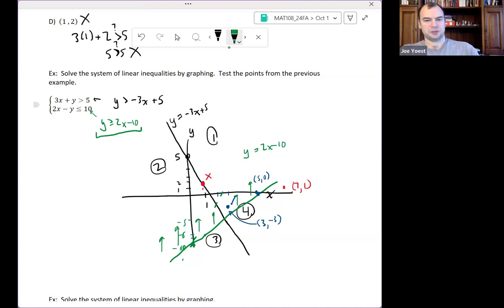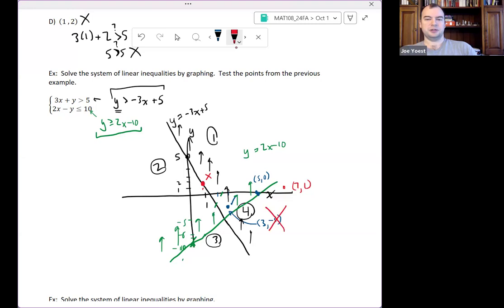From the black line's perspective, I'm looking for XY pairs that satisfy y bigger than negative 3x plus 5. I'm looking for points where the y coordinate is above the black line. So I see, for instance, in what I'm calling quadrant 4 down here, we're above the black line, but we're not above the green line.